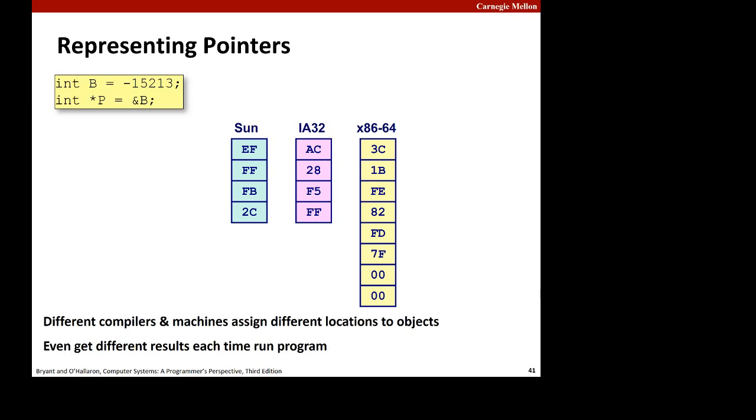Another point that this slide makes is that pointers are simply addresses. You can think of them as an index into this array of virtual memory. But where a particular address is located depends on the machine, the operating system, the compiler, a bunch of different things. So from one machine, one execution to another, pointers might change values.